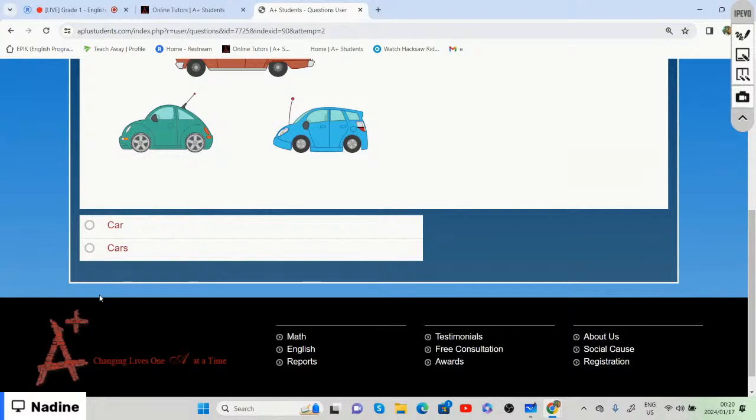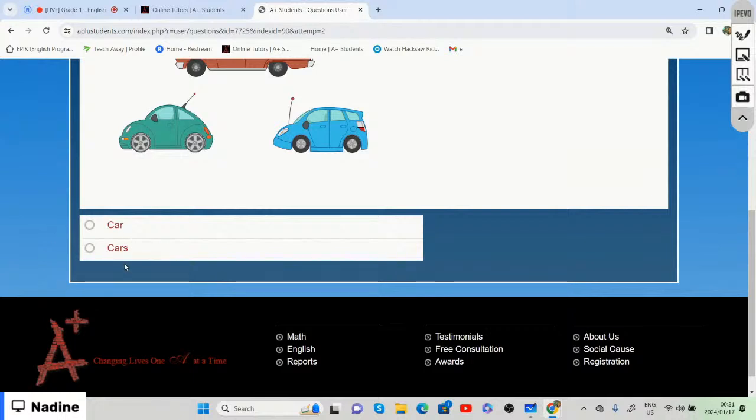So since there is more than one car, and if there are 6, then we need to say there are 6 cars.